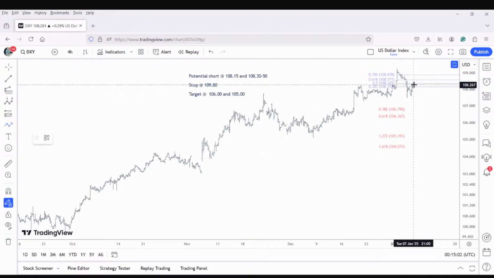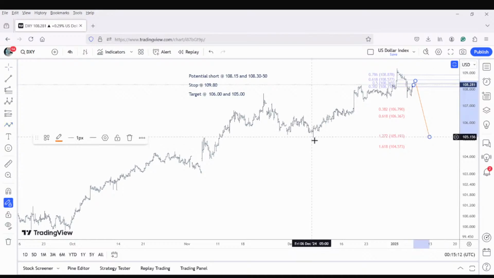Maybe slide, push higher, and then turn lower to take that particular wave four of one higher degree out. And then you see the nice little Fibonacci ratios also matching up with the wave here, the lower degree wave one.